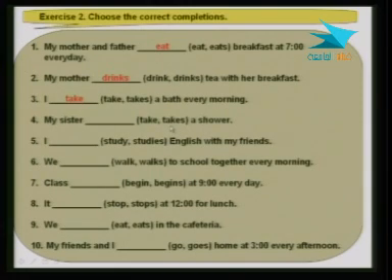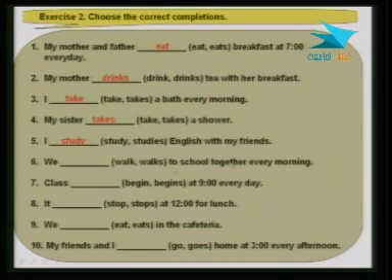You're right, takes a shower. Number 5, I studies English with my friends. The correct answer is not this one because the pronoun is not he or she or it, it is I. So we use study. I study English with my friends.